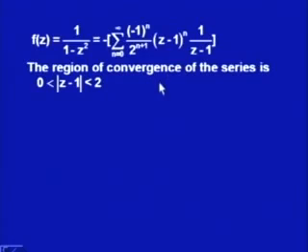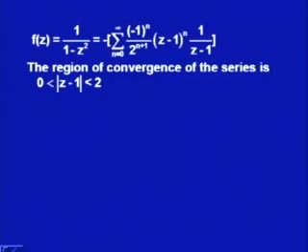The region of convergence of this series is |z−1| lying between 0 and 2, because there is another point, at a distance 2 from z = 1, where the function ceases to be analytic, and that point is −1.